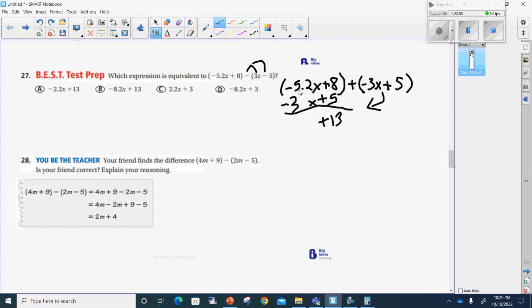And then negative 5.2 minus 3 is going to be negative. Remember to keep those decimals lined up. They're both the same sign, so I find the sum. A negative 8.2x plus 13. Looks like B is my answer. All right.